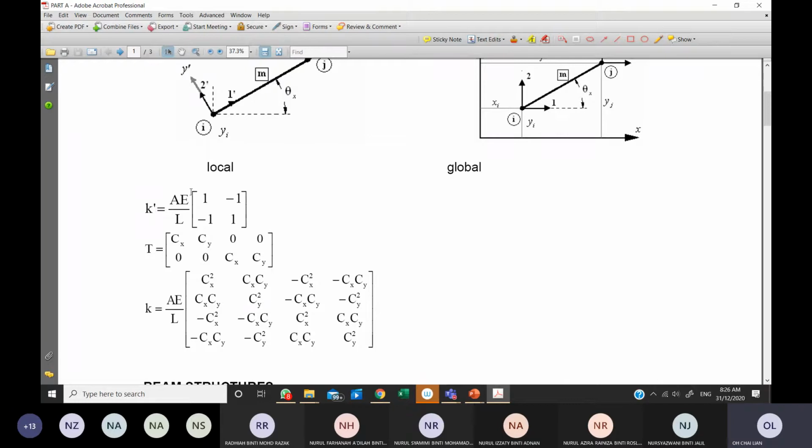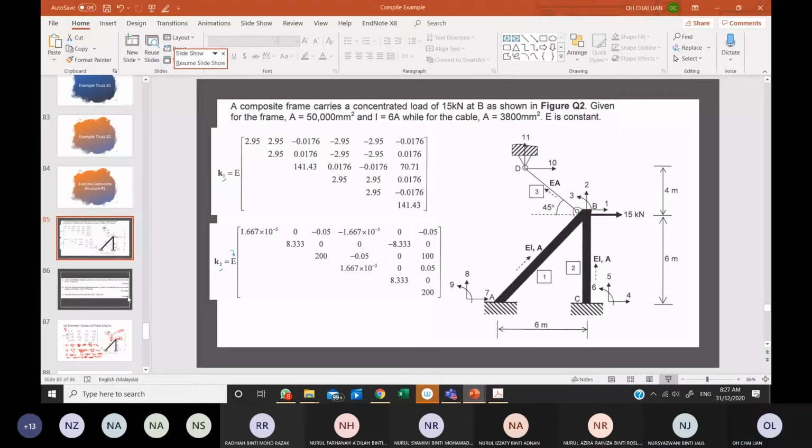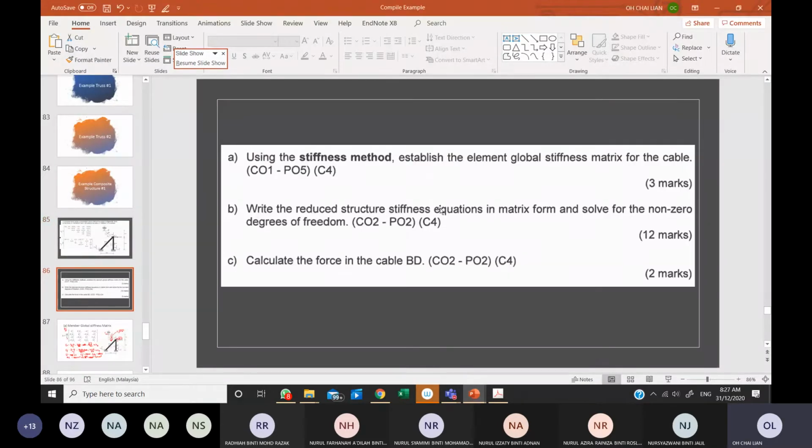So K prime is referring to local, and K is referring to global. When we want to form the structure stiffness equations, for question B, we are talking about global equations.